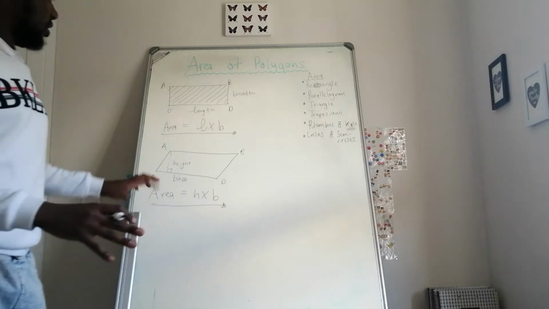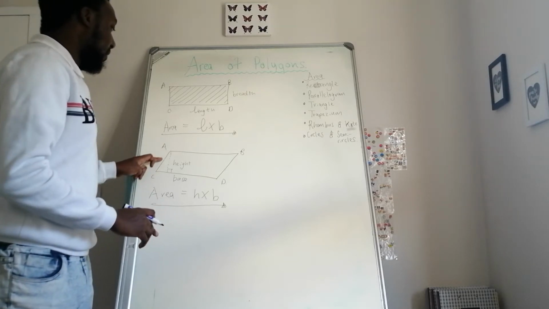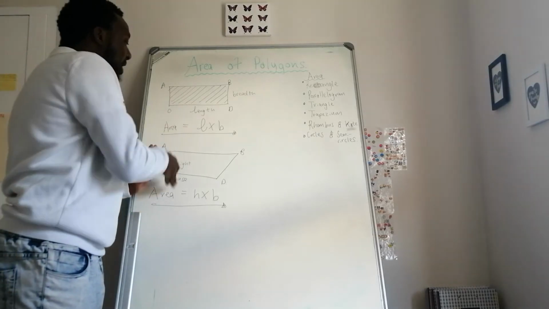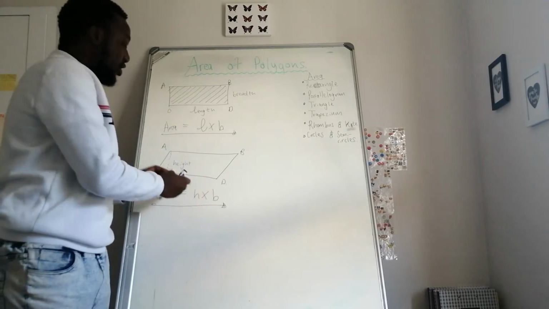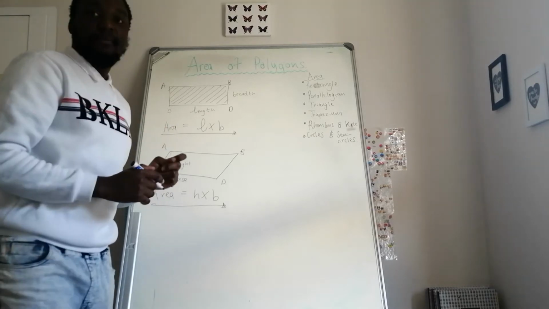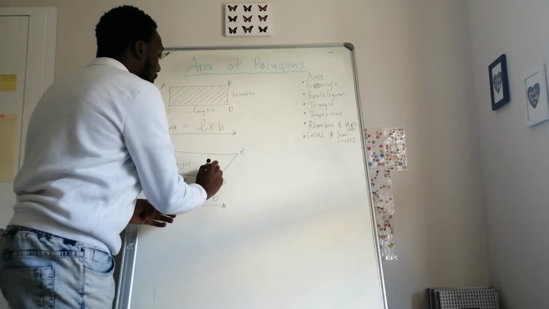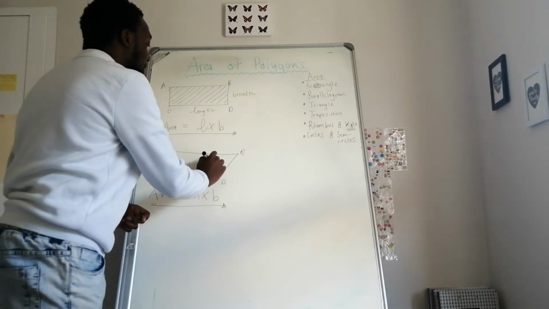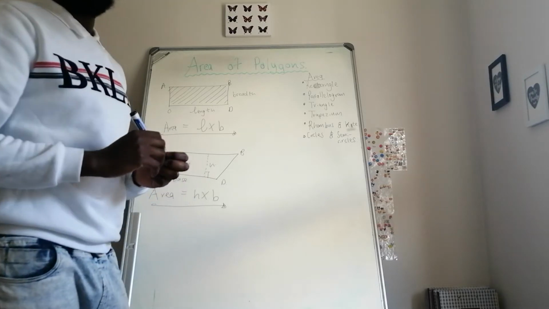So take note, it's not this distance here, but rather it's the perpendicular height. It makes a right angle with your base. So it's the distance from that base to the top of your line. You can write this height right there. You can draw it wherever, but it's still the same height as long as it makes a right angle there.